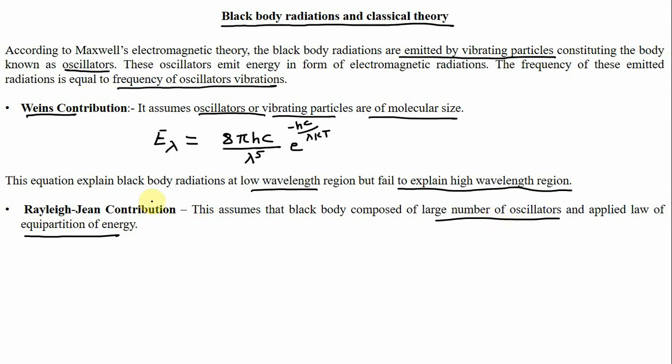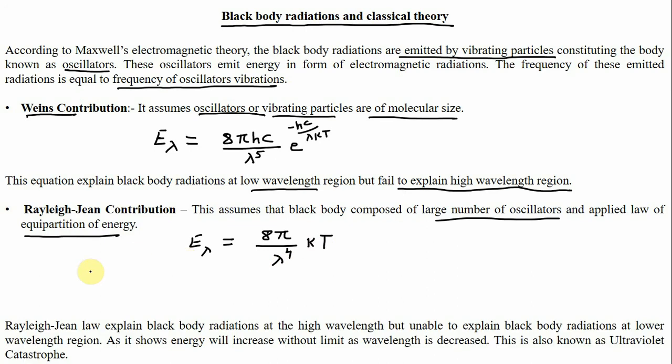By using this, he derived the expression for the energy of these black body radiations, which is given by E lambda equals 8 pi upon lambda to the power 4 times kT, where k is the Boltzmann constant, T is the temperature, and lambda is the wavelength.